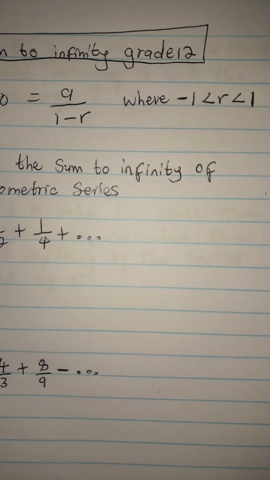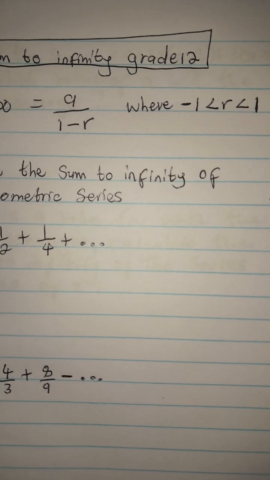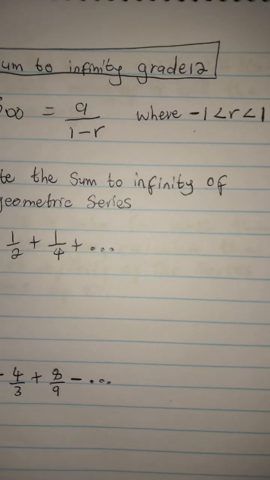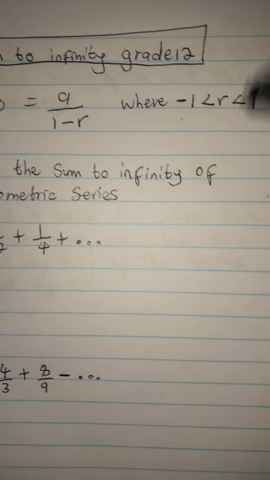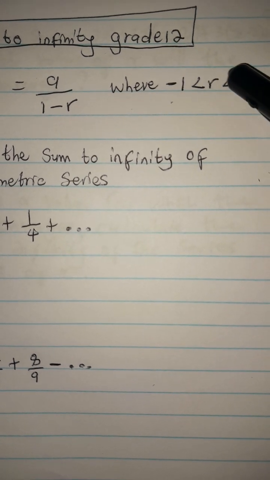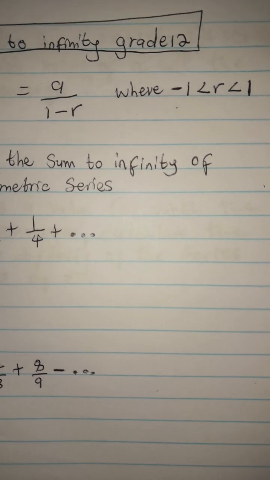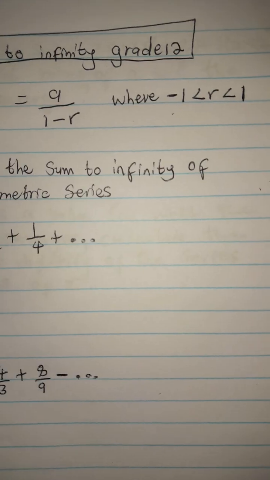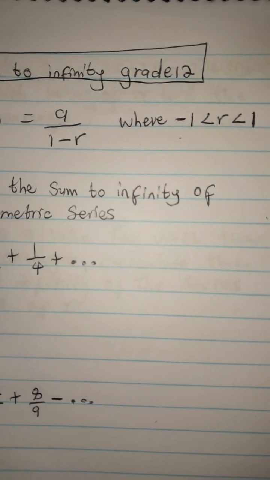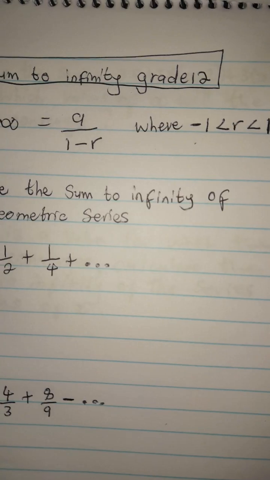It converges when the constant ratio is between negative 1 and 1. I've highlighted some light there. It converges when it's between negative 1 and 1, because they will ask you that question.